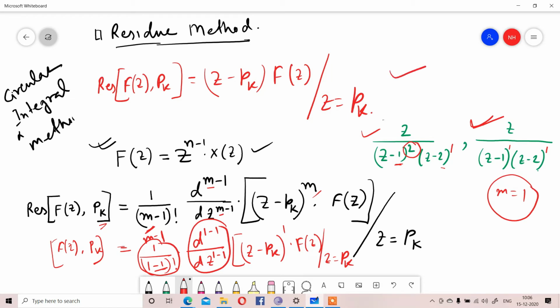So you can use this formula directly if the value of m equal to 1. If the value of m is not equal to 1, then you need to write down the total formula. Obviously when we do the example part, it will be more clear to all of you. So come to an example.